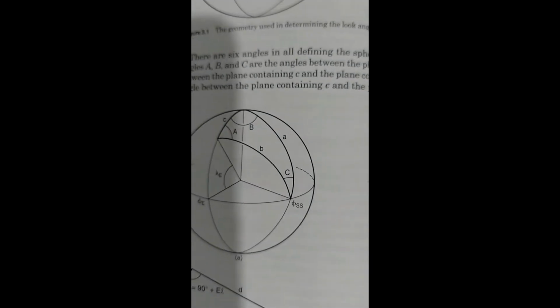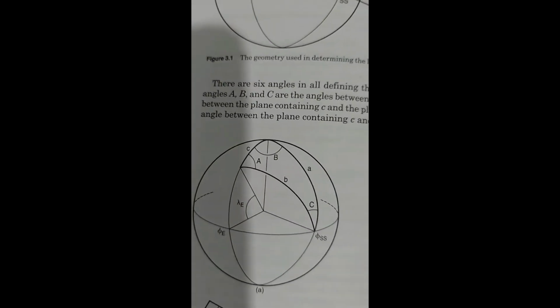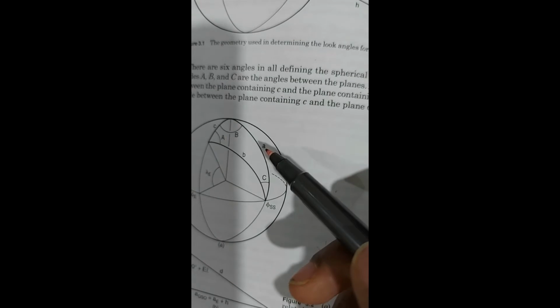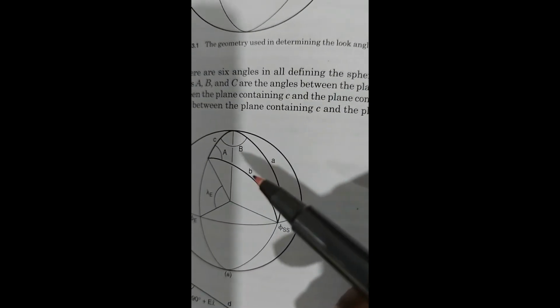So we have found out angle B now. We also need to find out angle A, which subtends at the center, and small c. We know the formulas for all these, which we have seen in the theory class. So B and capital A we will try to find out.